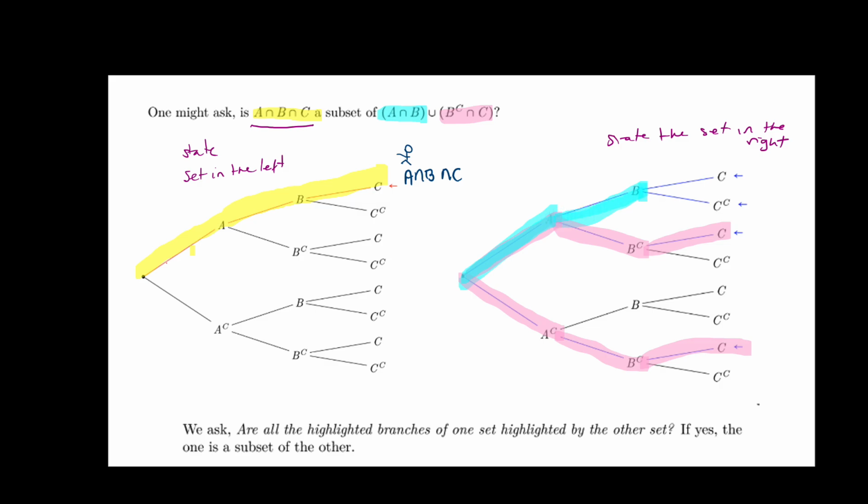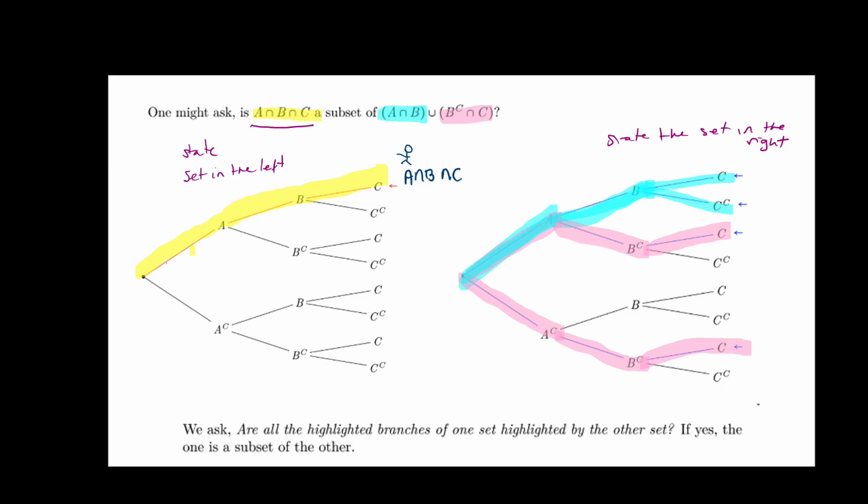Is this all? Should I stop here? How can I represent A inter B? I have to highlight all the paths that pass through A and then B, right? So I should continue to get all the paths, okay? So this represents A intersection B for me.